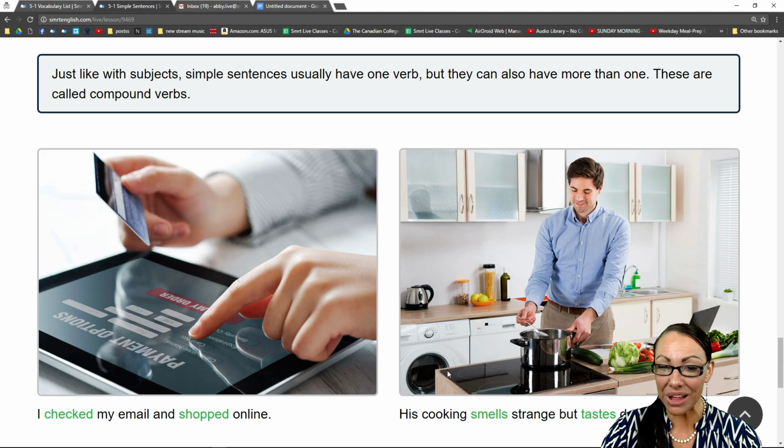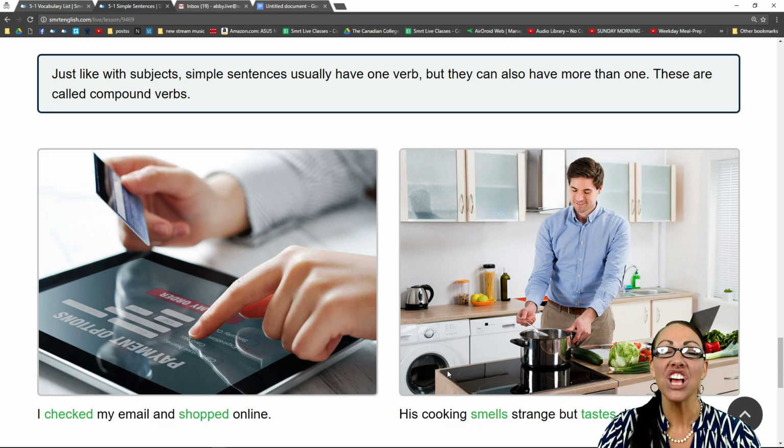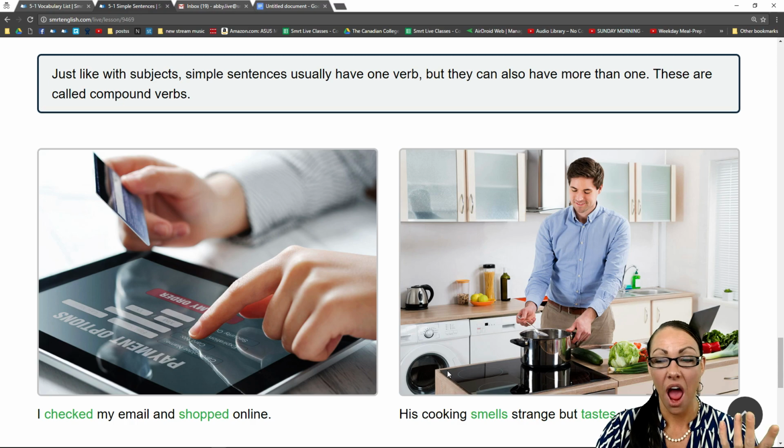Our second example, his cooking smells strange, but tastes delicious. So our two verbs in our compound verb, simple sentence, are smells and taste.